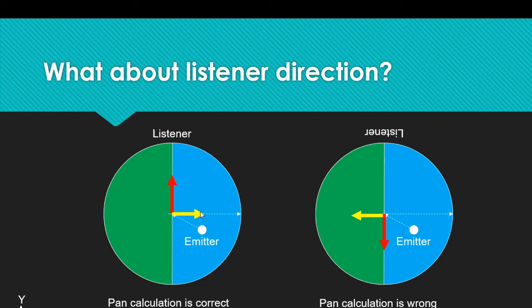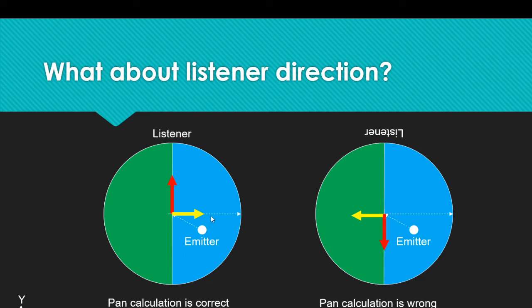It's not on the right hand side, slightly to the rear. So the pan calculation is wrong here, unless we somehow reorientate the emitter in their space as we reorientate the listener. So again, we need to think through our maths library and think what we've got, which would maybe allow us to do this.